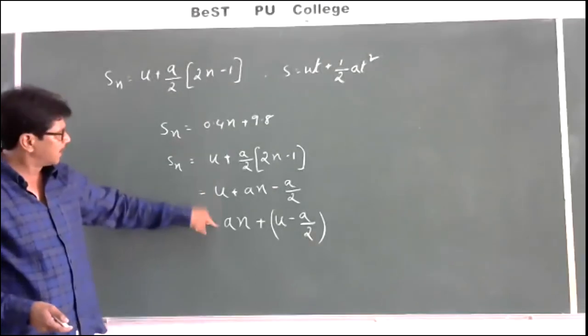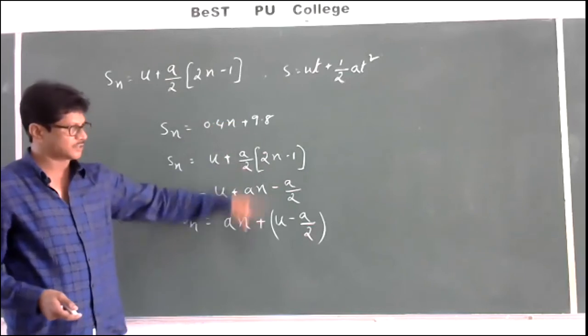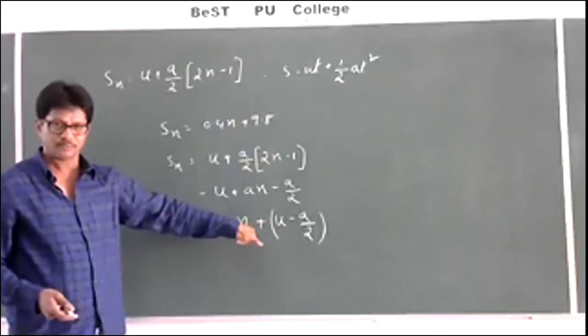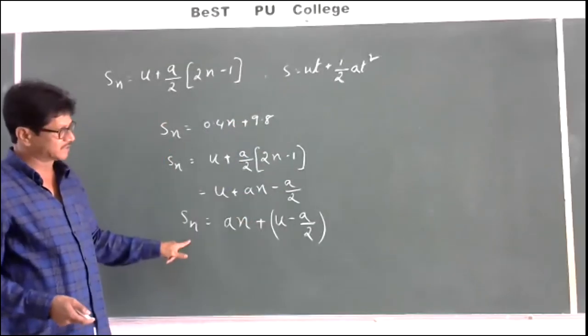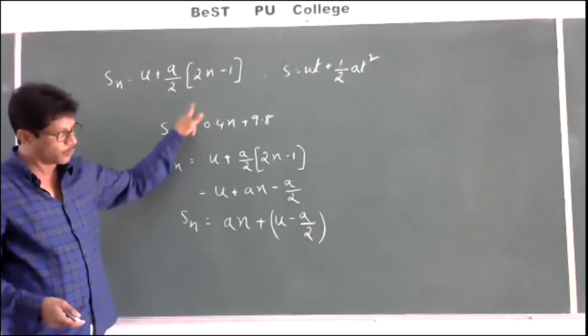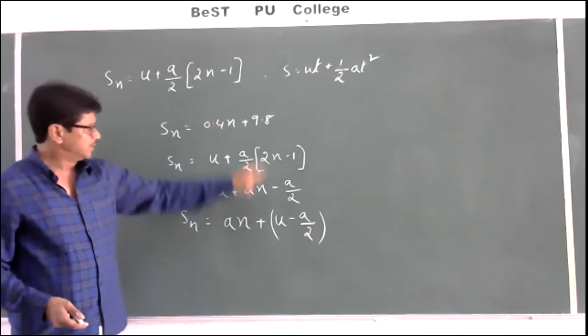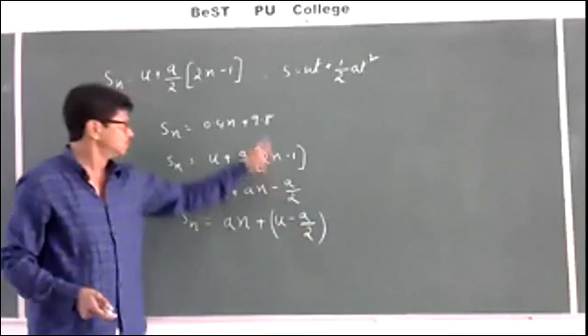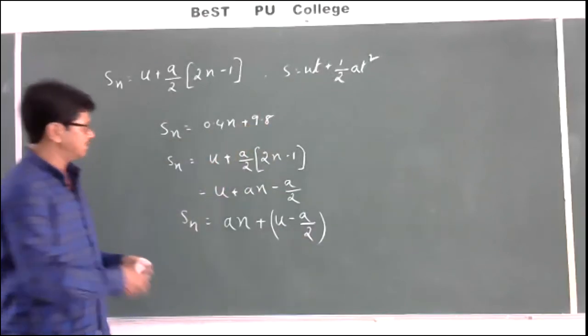Now you compare these two equations. Here Sn, here Sn. Here instead of a, what we have? 0.4 we have. Instead of u minus a by 2, we have 9.8.